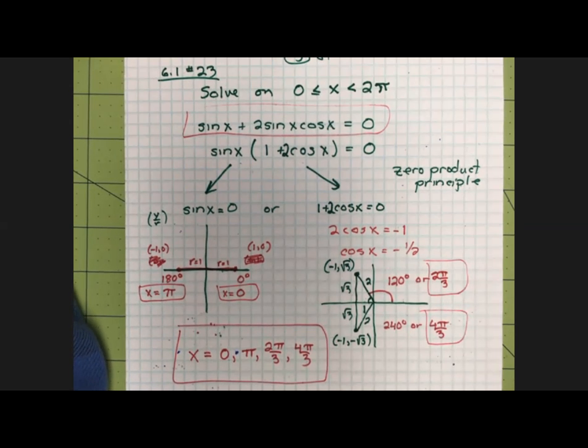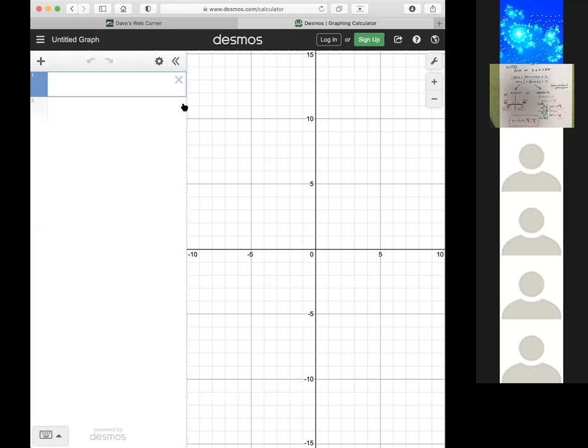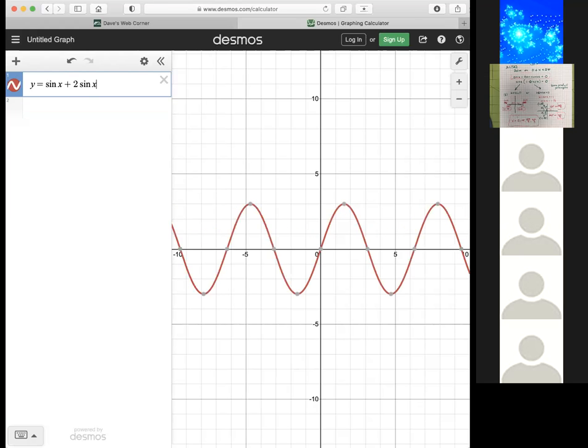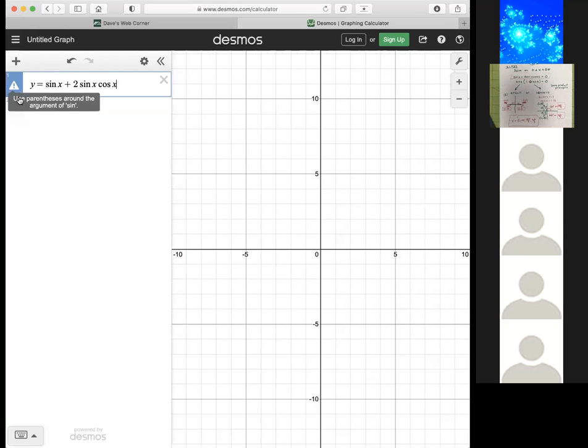Let me get it up. And then I'll bring it in. Got it. I'll expand that screen slightly. So let's graph y equals sine x plus 2 times sine x cosine x. Now, it doesn't like me to write it like this for some reason. You see, use parentheses around the argument of sine x.